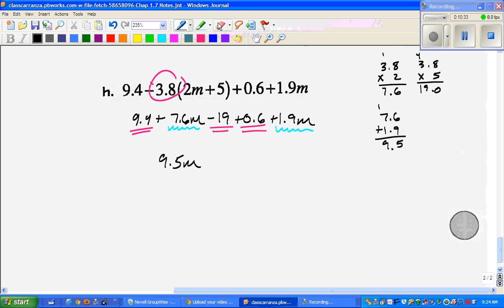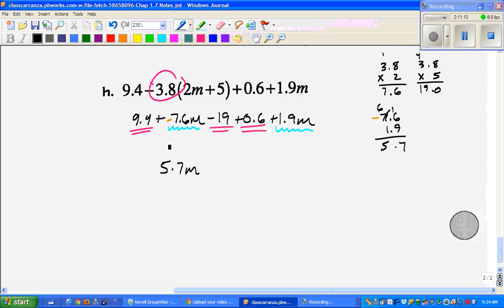And, oh, I made a mistake, guys. Why aren't any of you yelling at me? That's supposed to be a negative 7.6. So we are not adding there. We have to subtract. Oh, and that's 1.9. Okay, so borrow. We get the 7. That's a 6. So 5.7 m.